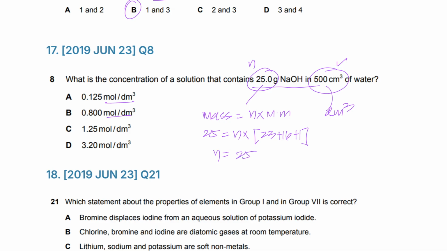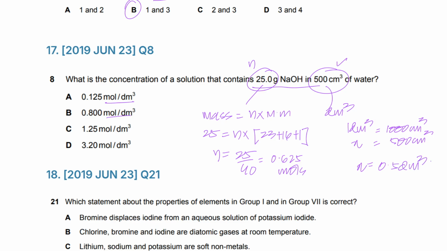40. So 25 divided by 40, what do I get? I get 0.625. These are the moles. And 500 cm cube into dm cube: 1 dm cube equals 1,000 cm cube. So 500 cm cube equals how many dm cube? Cross multiply, what do you get? 0.5 dm cube.